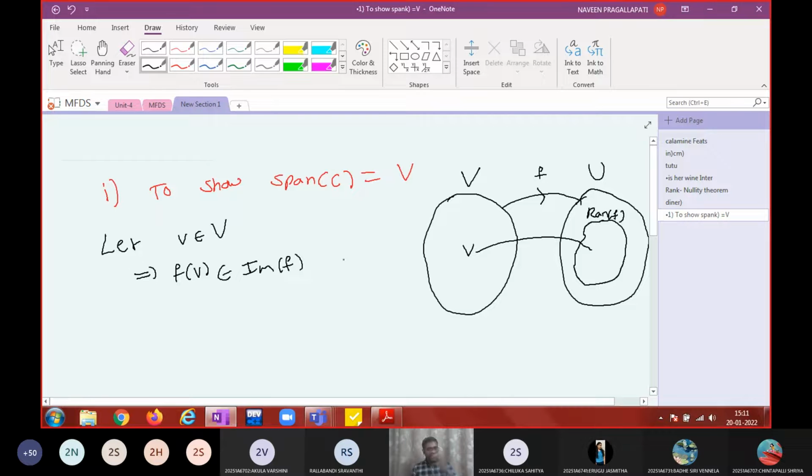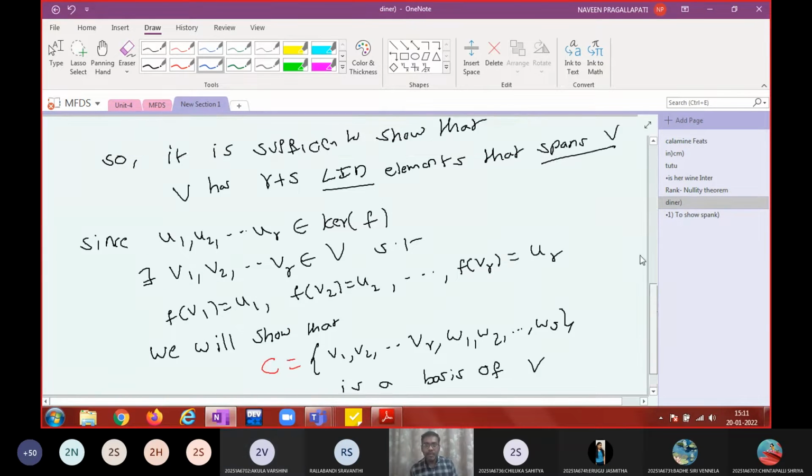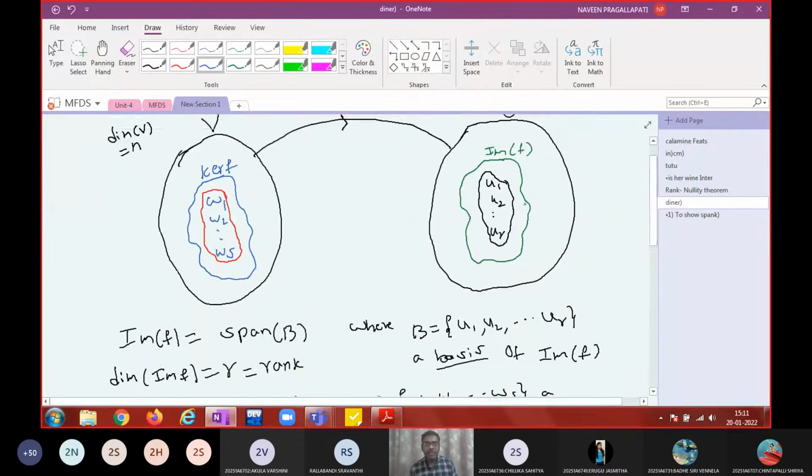And you know, the image space has a dimension. Which one is generating this space? W1, W2, WR. Do you remember? Kernel. Did you see this? This image space is generated by U1, U2, and so on UR.